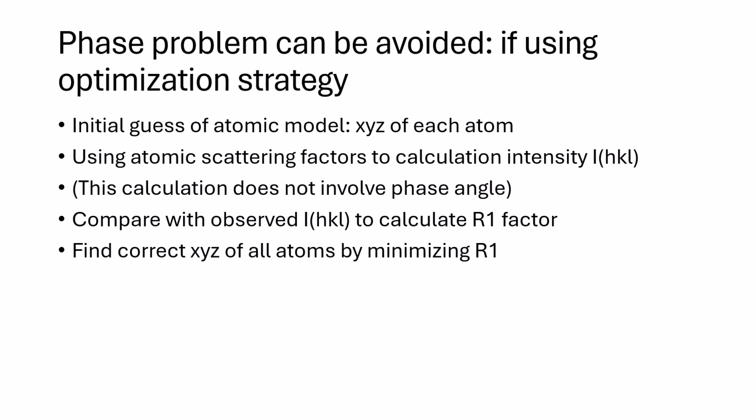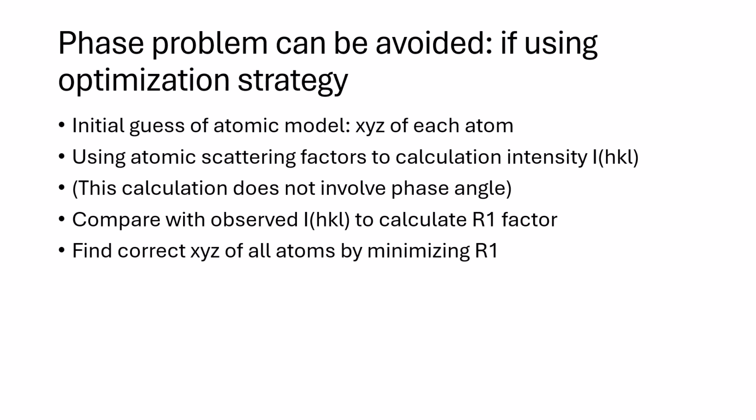In this optimization strategy, instead of targeting the electron density, we directly target the atomic model. That is, we assign each atom an XYZ coordinate. We know how each atom scatters X-ray, and this is described by its atomic scattering factor.